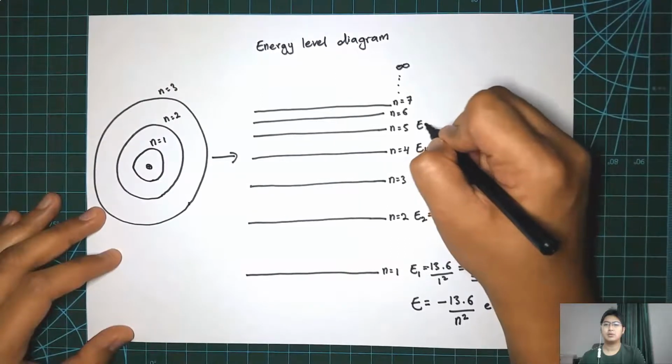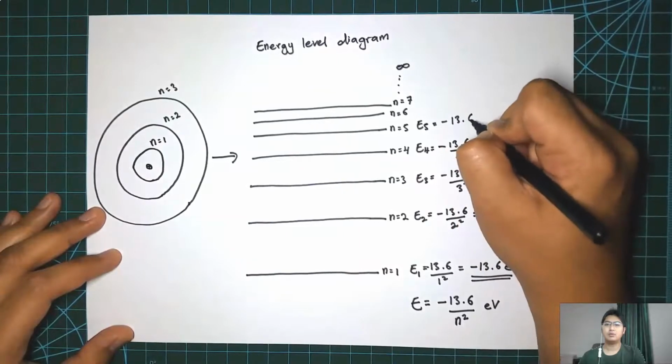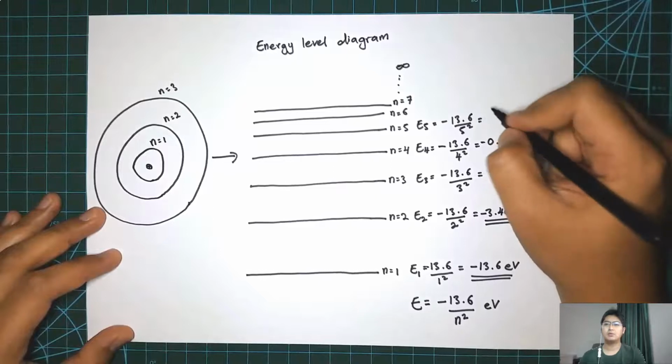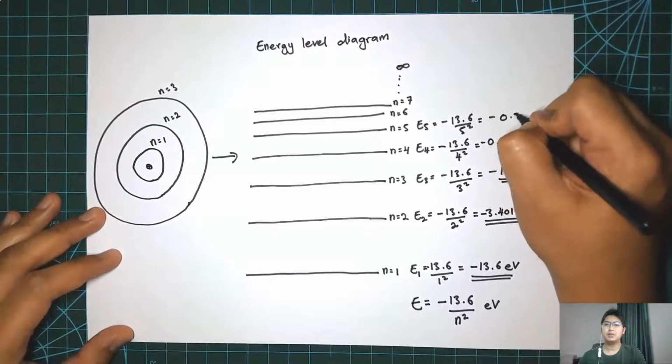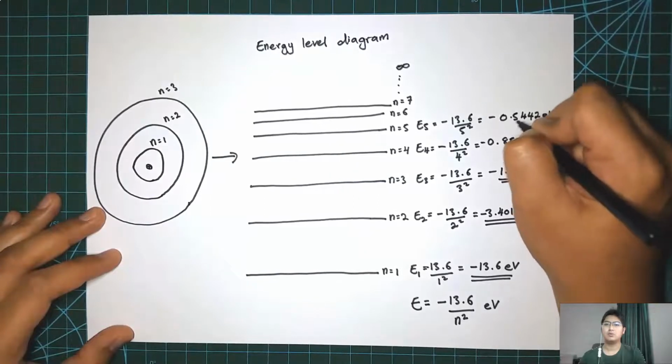And the fifth one, energy level E5 equals negative 13.6 over 5 squared, equals negative 0.5442 electron volt.